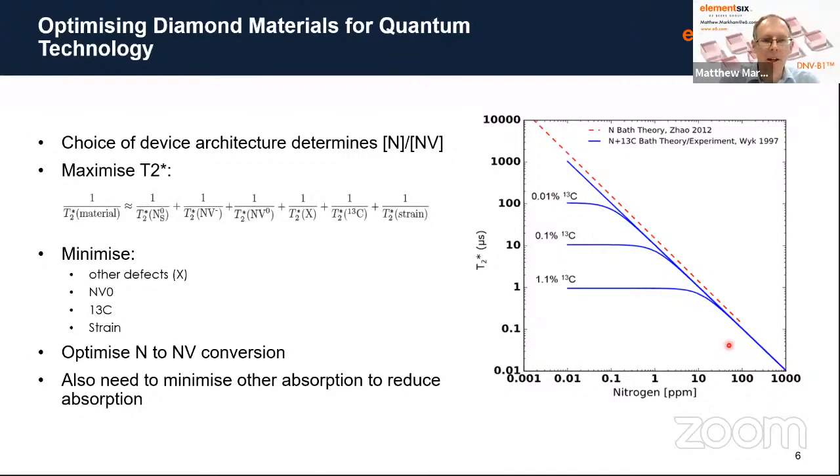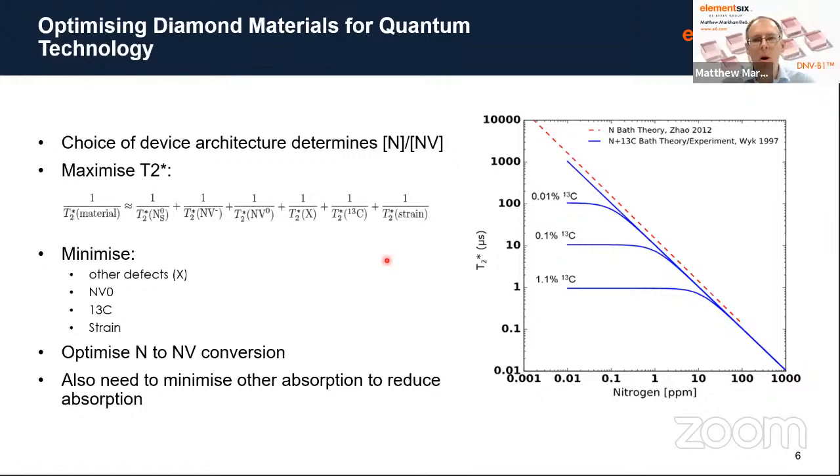You need to maximize T2 star, the spin lifetime, and that has many parameters such as the nitrogen concentration in the material, and strain is actually quite critical, and I'll go into that in the next few slides.